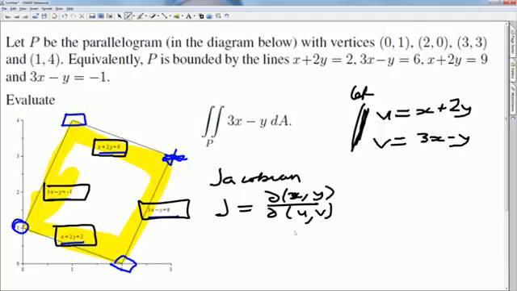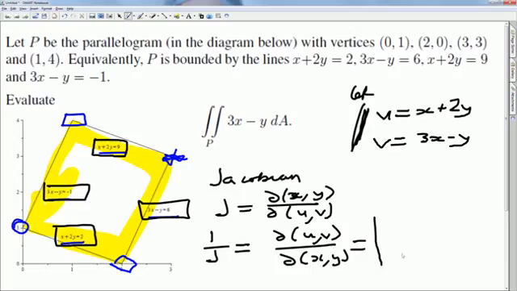But we don't know x and y as a function of u and v, so a little trick is that the reciprocal of the Jacobian is actually the partial derivatives of u and v with respect to x and y, and then do our normal stuff, take the determinant, absolute value. This is a nice little trick, and we can do it in this case.